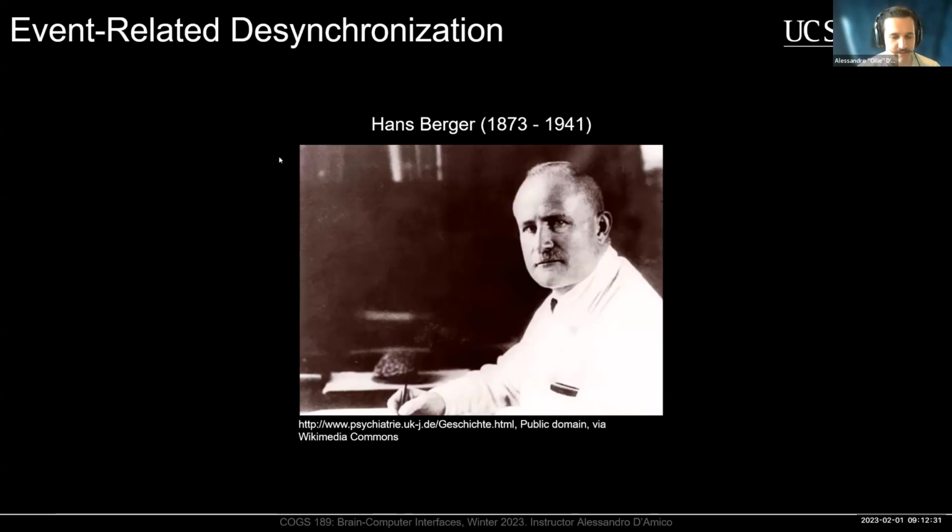And the specific signal that we see with this decrease in amplitude is known as the event-related desynchronization. So the brain has these oscillatory neural networks. And when I say neural networks, I mean real organic neural networks. And for reasons that are not completely understood, the brain really likes to oscillate around 10 hertz. It's a very common oscillation pattern.